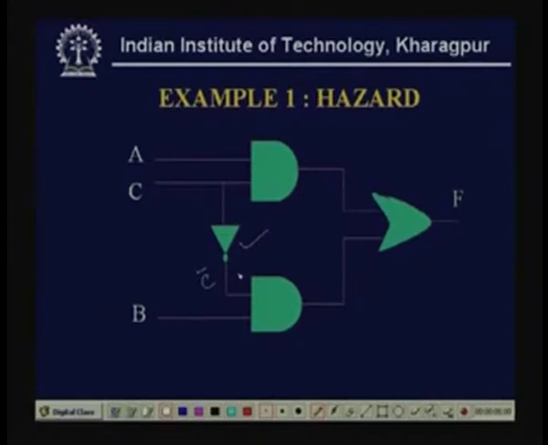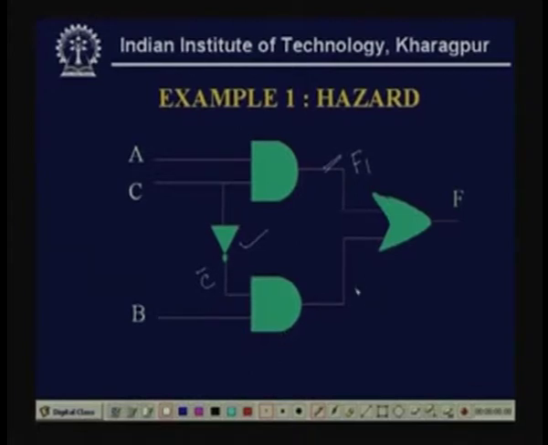So when this input of the OR gate is available, say this is my F1, that time F2 is not available, because this inverter is taking some time to compute C bar, and then BC bar is computed after some delay, and again some delay is associated with the bottom AND gate also.